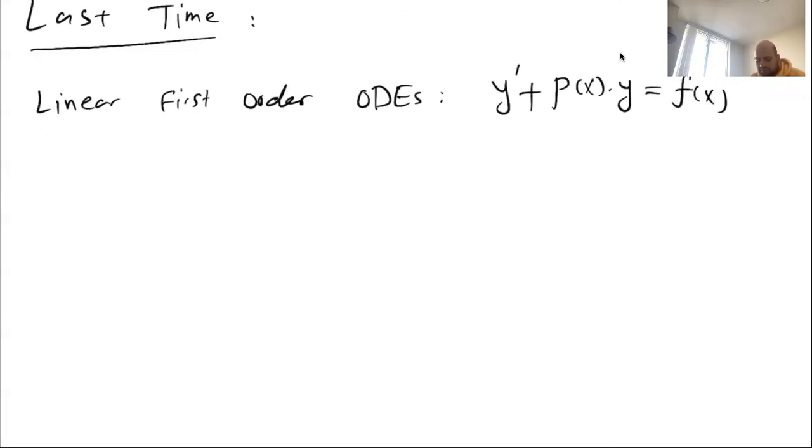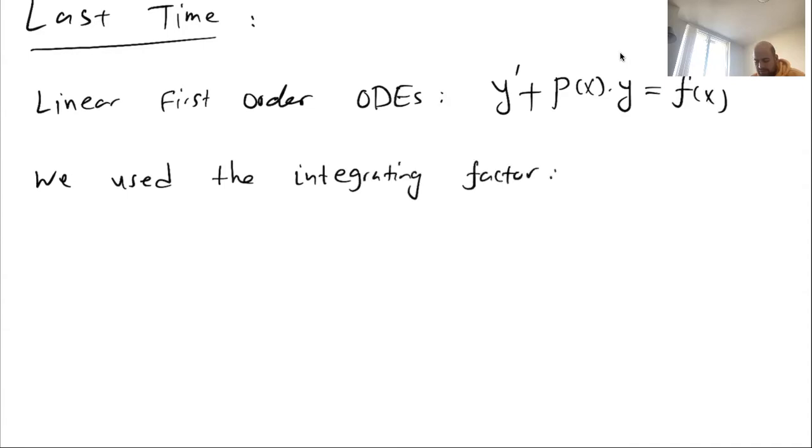And we used the integrating factor, which was a function of the form r of x equals e to power integral p of x dx.